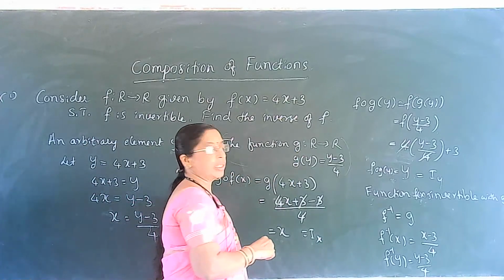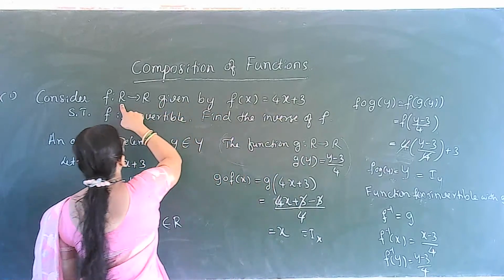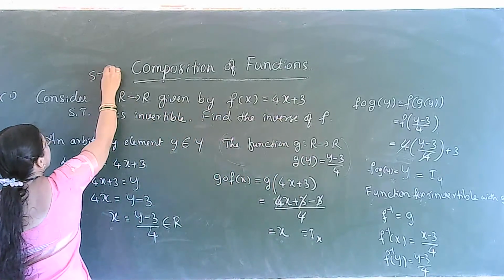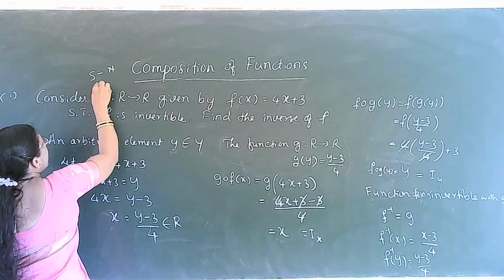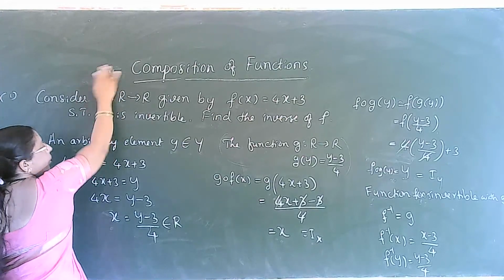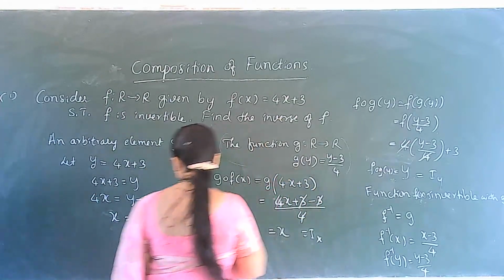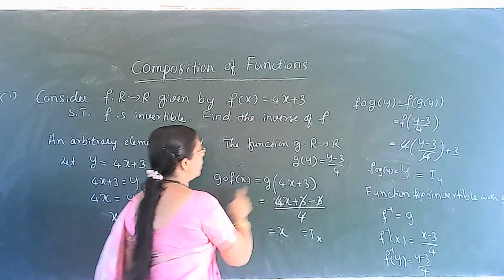Then you define the function g from R to R. If it is S to N, then you write it as N to S. It's a reversal. Then g of y is equal to y minus 3 divided by 4.